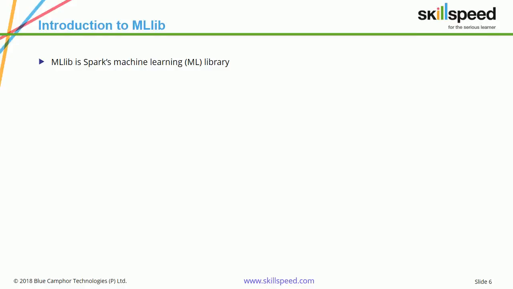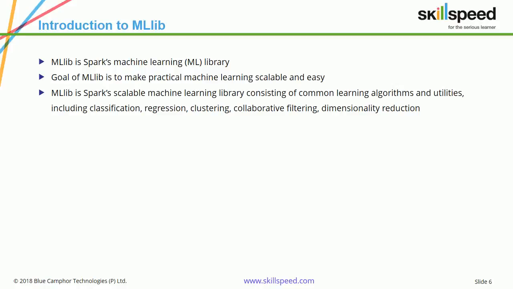Like I said, MLlib is Spark's machine learning library, and the idea behind MLlib is to make practical machine learning scalable, easy, and faster. The MLlib library supports a wide variety of algorithms such as classification, regression, clustering, and so on and so forth.